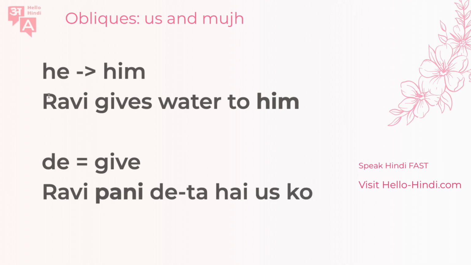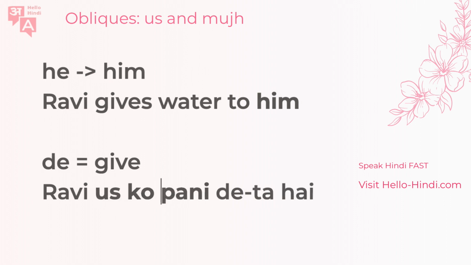So you see the structure is the same. Ravi gives water. To him becomes usko. Now, this is the suggested way to start understanding these obliques. The more academic, more textbook way is you put Ravi usko pani deta hai. Now, how do you know where the usko comes in?